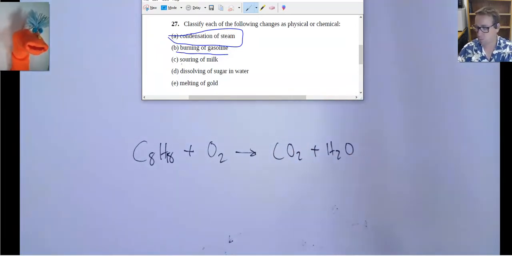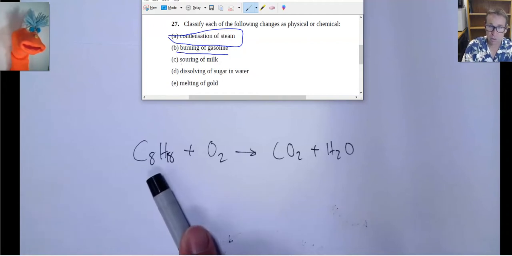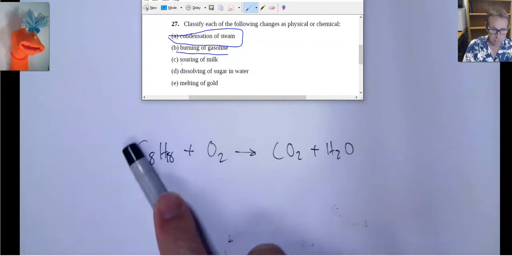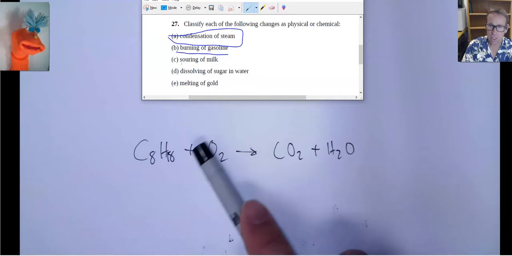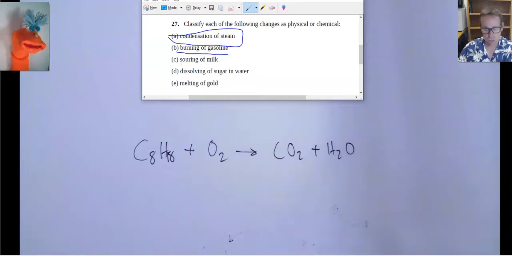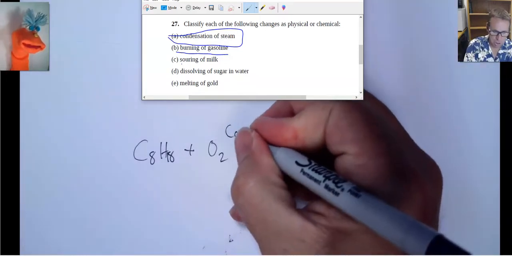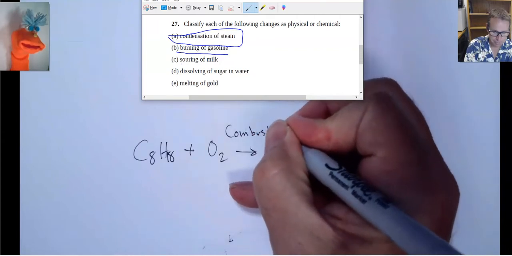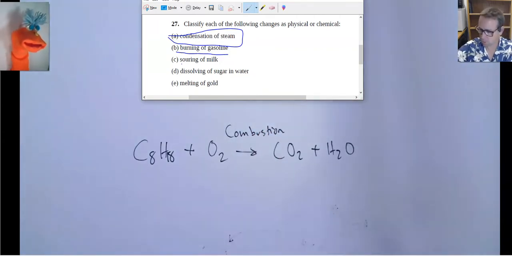And that's always the products of combustion. Combustion is a fancy word for the combination of a hydrocarbon, something that just contains carbon and hydrogen, and oxygen. All right, so we call this combustion. We're going to refer to that throughout the semester, and throughout chemistry you hear about combustion all the time. And it's a chemical reaction.